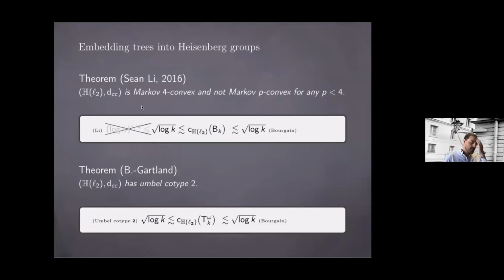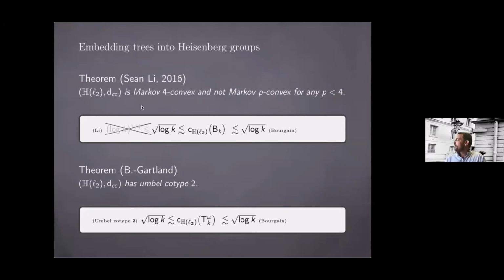Okay, so we have a couple of results in this direction. So Markov convexity will imply the Umbel cotype for binary trees, and this will imply also the Umbel cotype. So the local notions will imply the asymptotic notions.